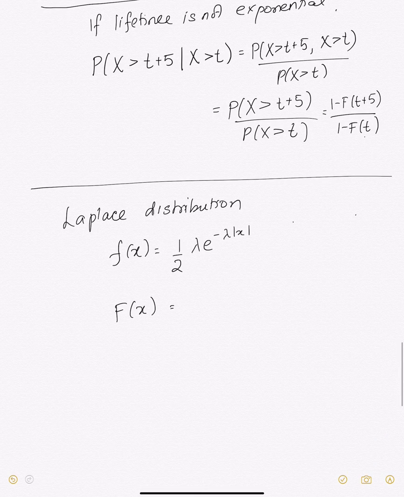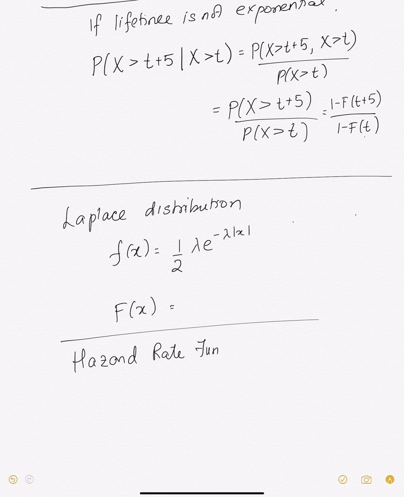And then another special case that we could look at is the hazard rate function. Okay. In the example of a hazard rate function, you're looking at the function lambda of t.